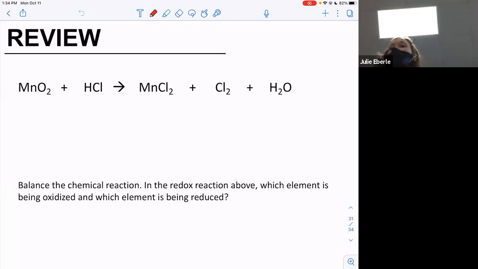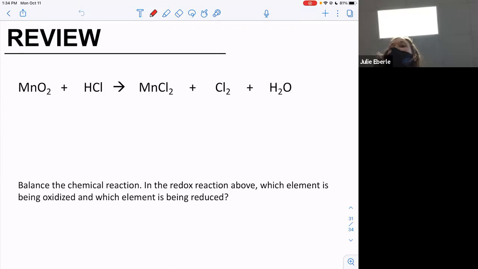When we're writing the name, remember the formula for naming a binary compound: you write the prefix and then the first element name, then you write the prefix for the second element, and then the name of the second element with the name ending changed to IDE.